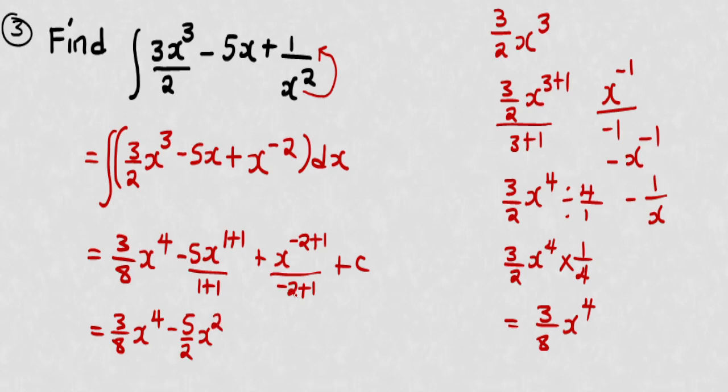Then here we said it's negative 1, so negative 1 into positive, so it will be negative, so minus 1 over x plus c. So that is the final answer, ensuring that the powers are positive. Once that has been dealt with, then we are good to go.